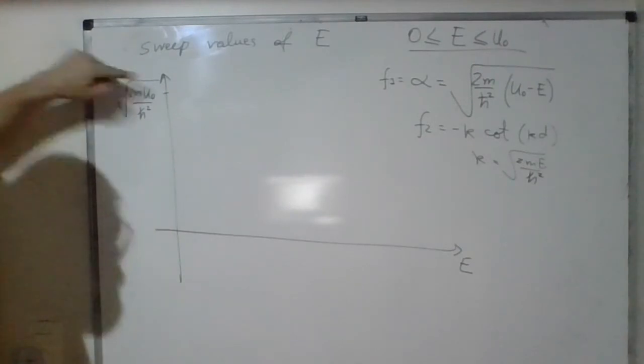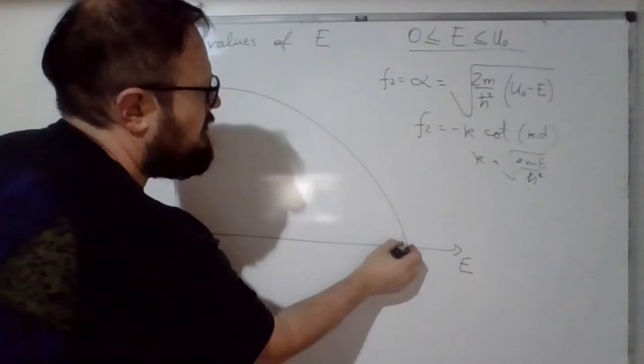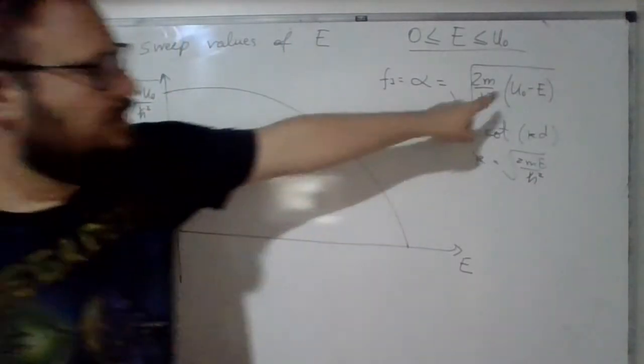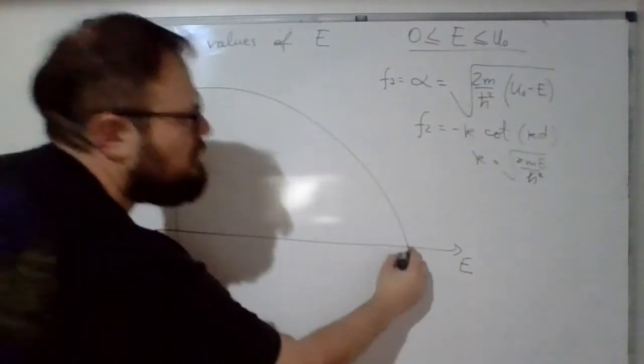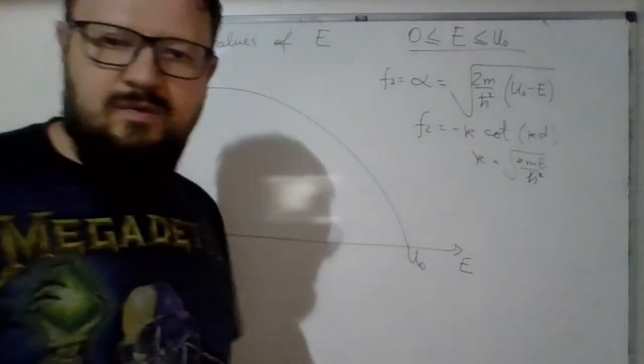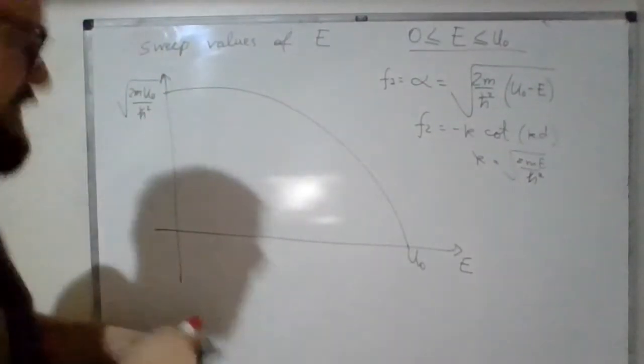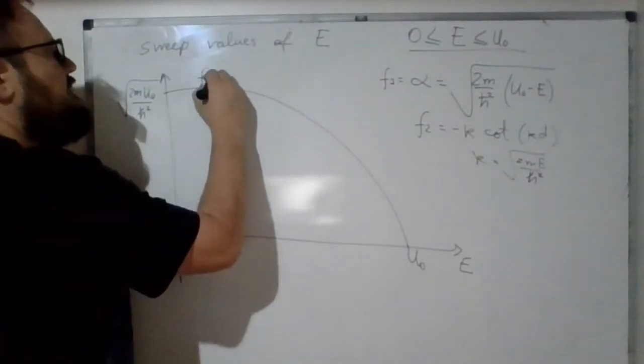And this is a square root which goes to 0 here when the energy is equal to U naught. All right, this is what happens. And for the other function, so this is f1.